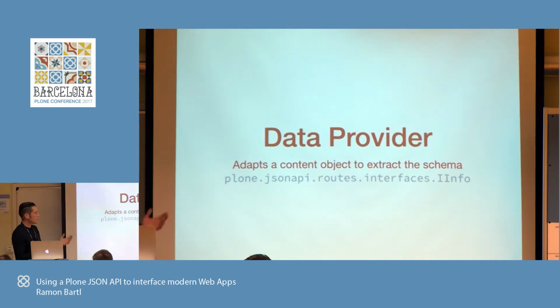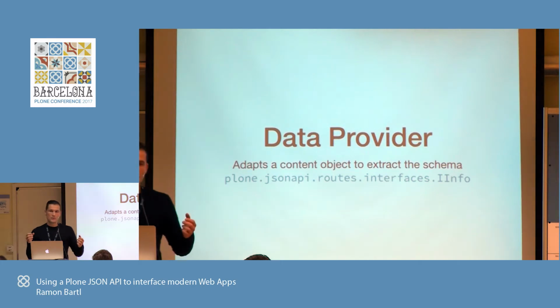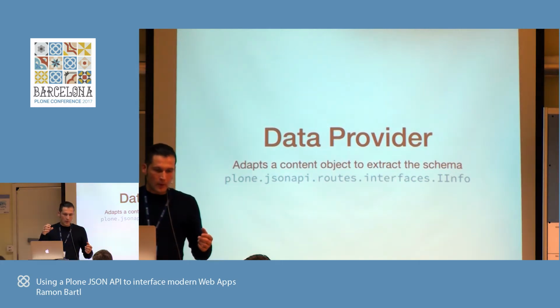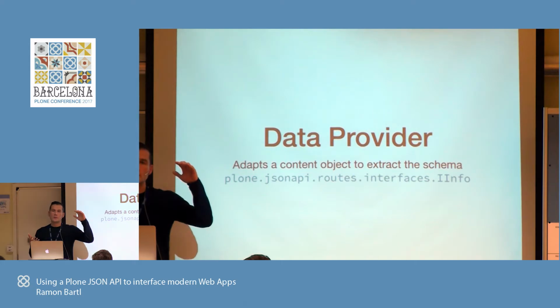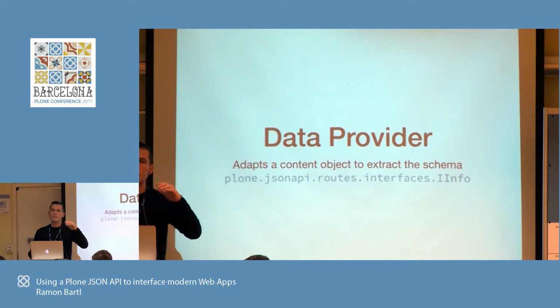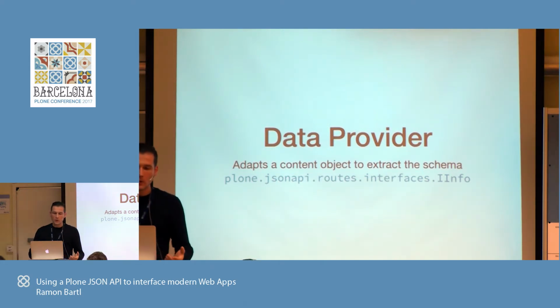There is a data provider which you can implement for your own content type, and then return your own dictionary. For instance, you can make a schema introspection, return the full schema, and a little bit of extra information.